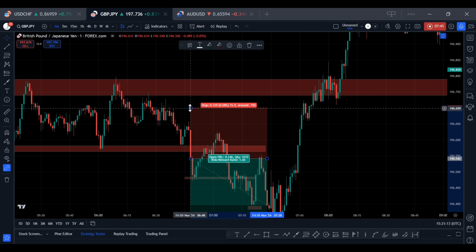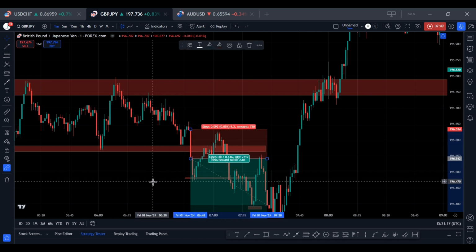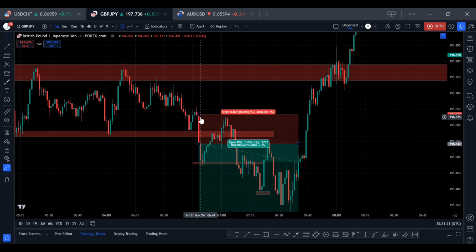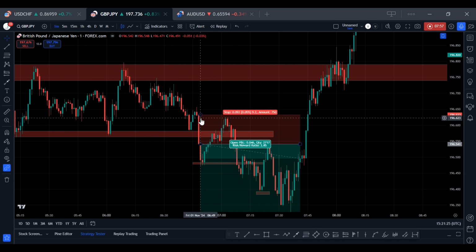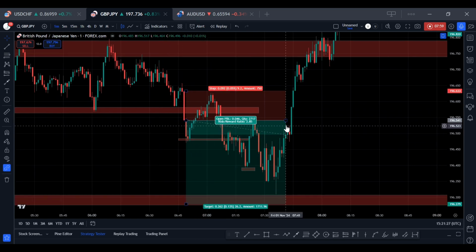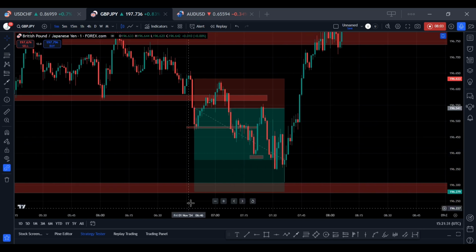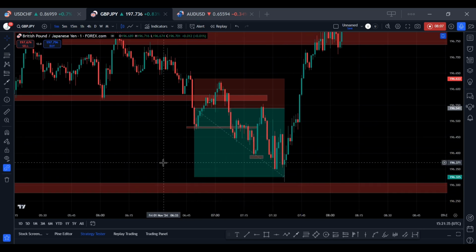Like I said, I want to take scalping entries only. My sell came around this level. This is my usual kind of entry, and this trade gave 1:2.